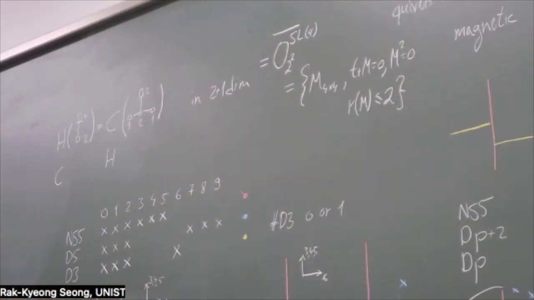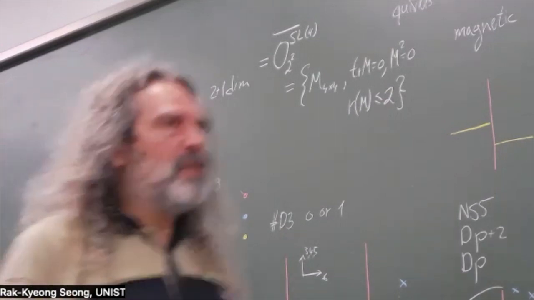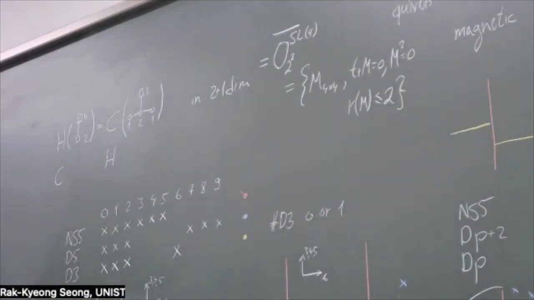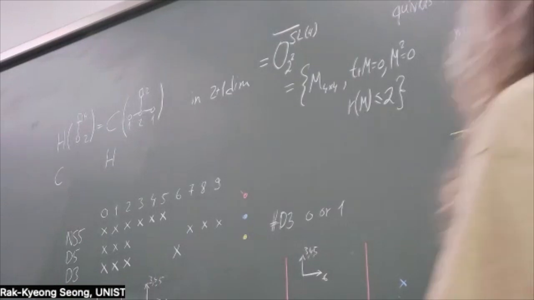But if it's at most 2, then I have 2 more orbits which are below, where the rank is either 0 or 1. So that's why it's the next to minimal, right? Because there are 2 orbits below.